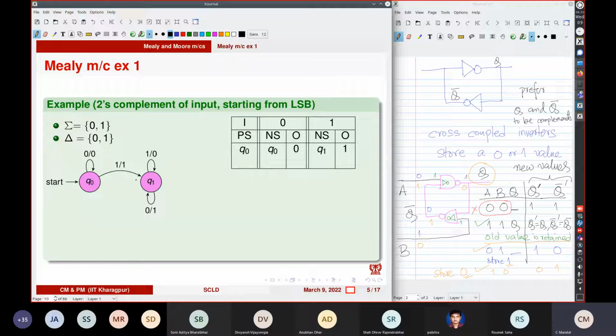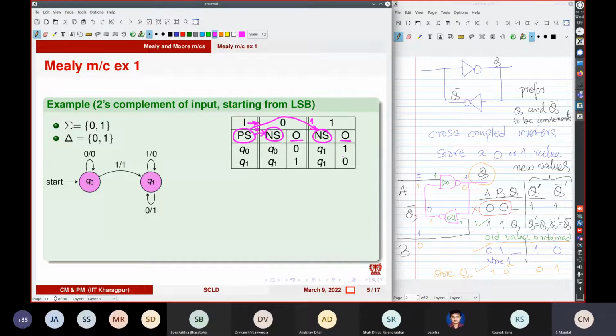In case the present state is Q0, on input 0, the next state is Q0 and the output is 0. On input 1, the next state is Q1 and the output is 1.